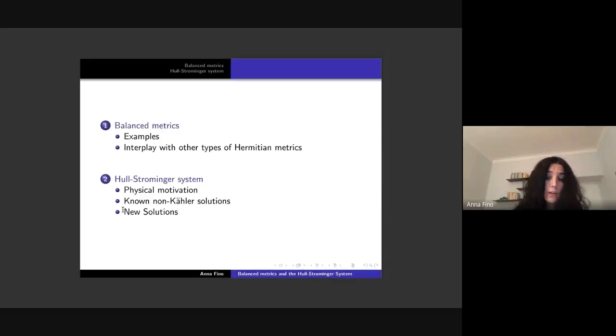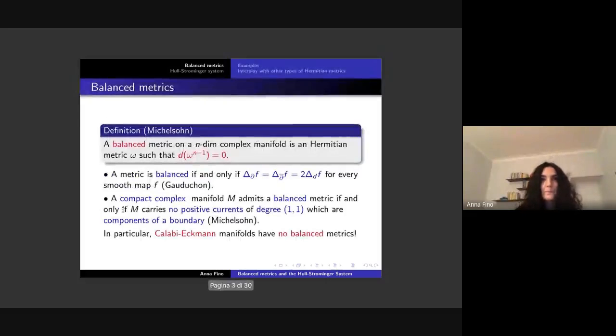We will see how we generalize their construction, changing essentially the base. So instead of considering K3 surfaces, we consider a K3 orbifold. So let's start with the definition of balanced metrics.